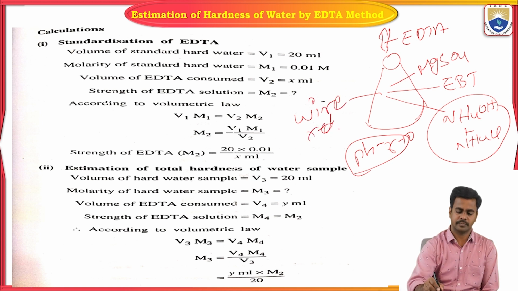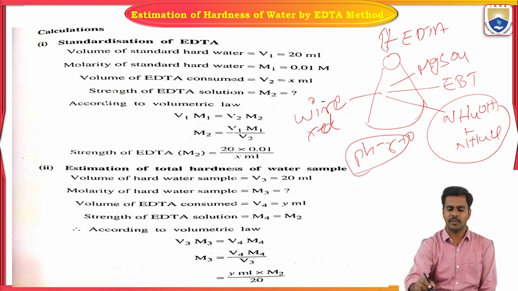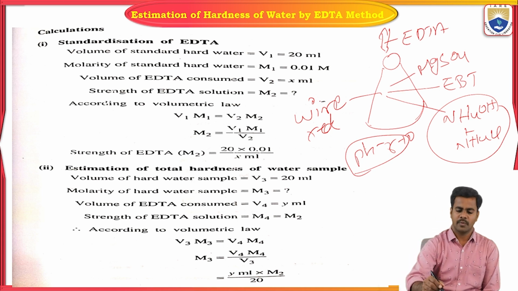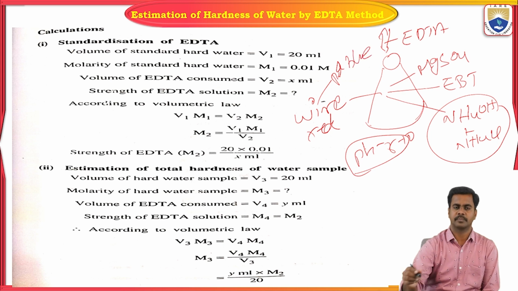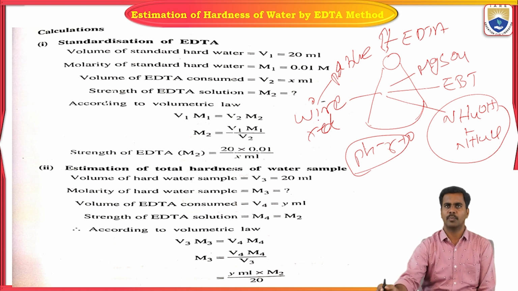When you add EDTA, the color of the solution changes from wine red to pale blue color. That indicates the end point of the titration. So we have to add EDTA until the color changes from wine red to blue. That is the end point of the titration.